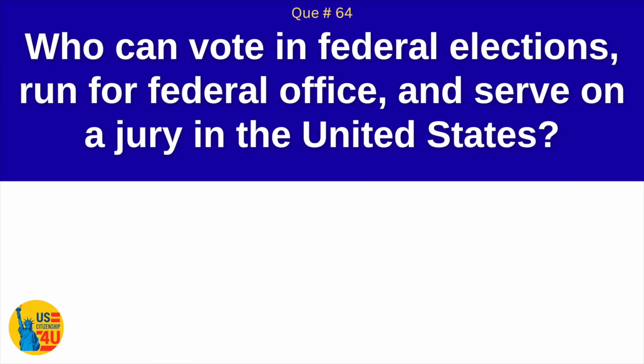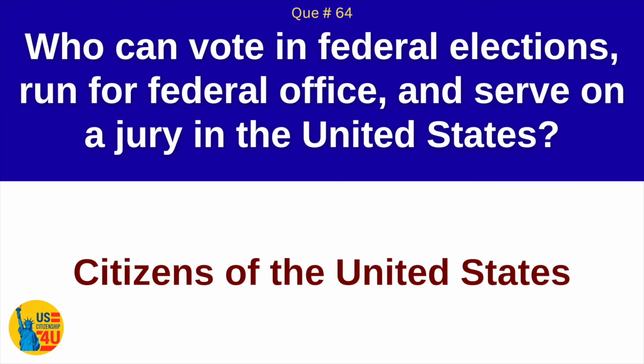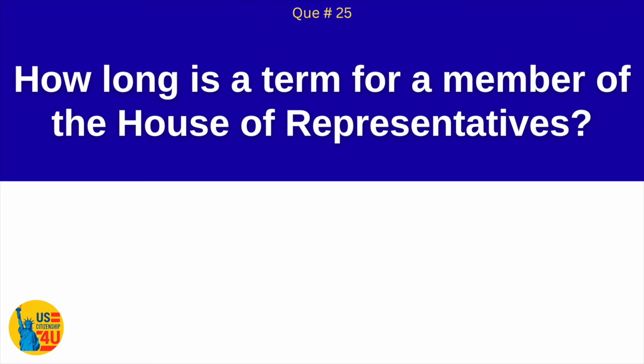Who can vote in federal elections, run for federal office, and serve on a jury in the United States? Citizens of the United States. How long is a term for a member of the House of Representatives?